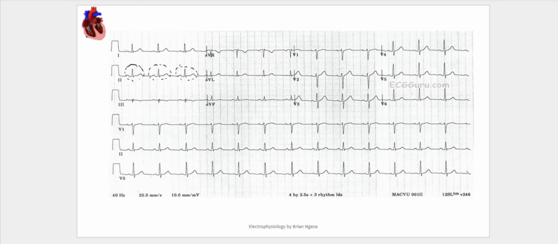This chunk of information contains data of the different types of leads, so that as a clinician, you won't be examining just one lead, even though most of us are really aware of lead 2 because of its clear distinction.